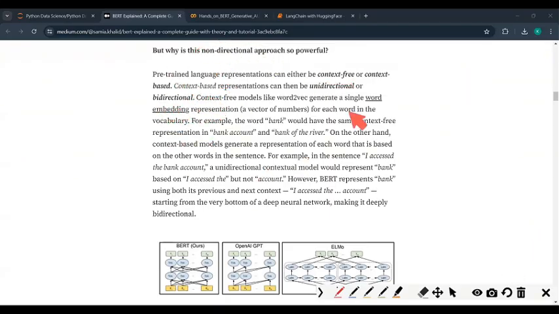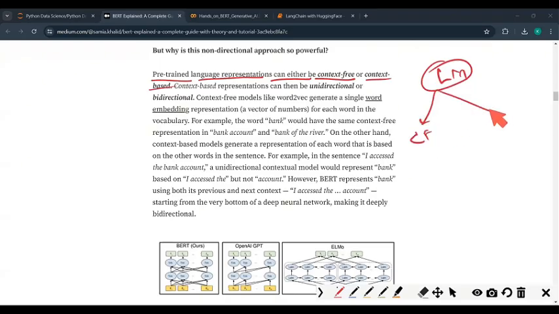Now let's understand this part. This part is a little bit more technical and you will see examples now. So pre-trained language representations can either be context-free or context-based. Now, what do we mean by context-free or context-based? Any of the language representation, any of the language model we are talking about, can be of two types, either context-free or context-based.